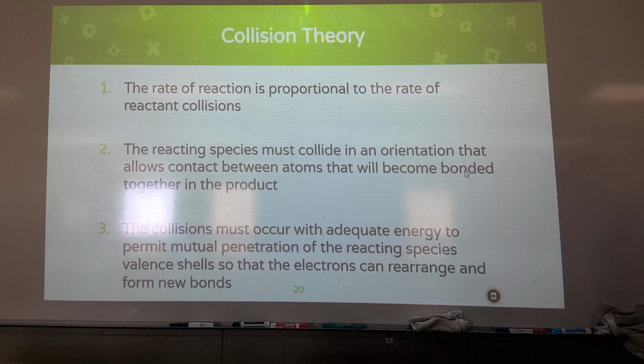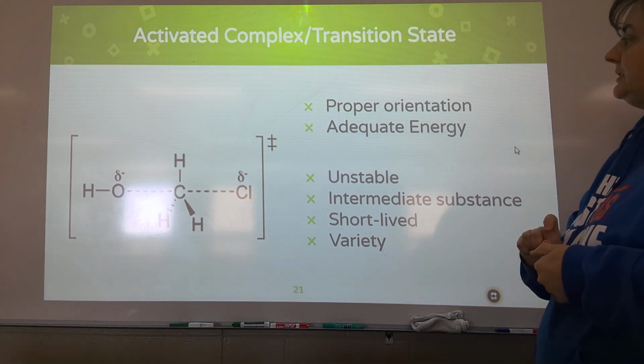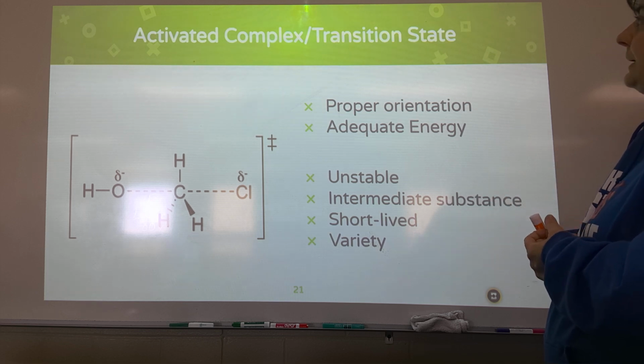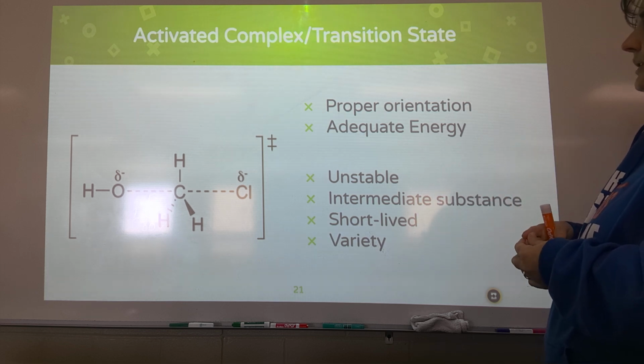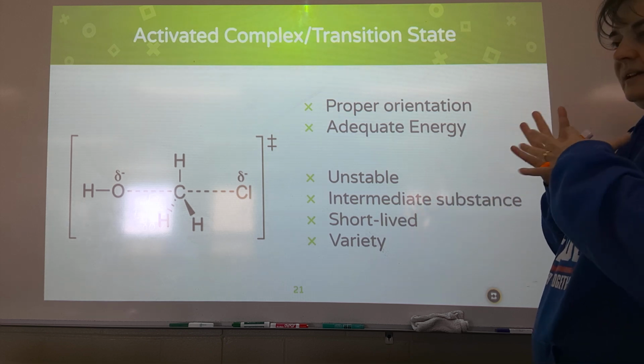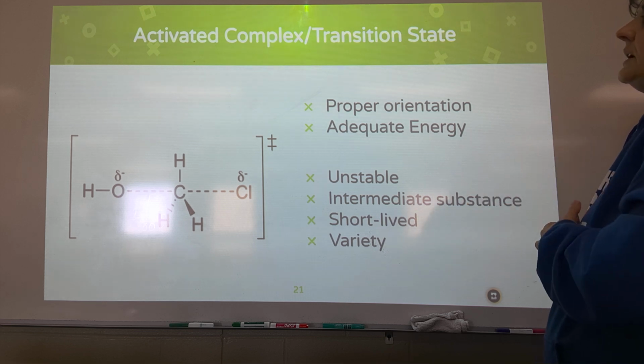That is collision theory. During this collision between these particles, you end up with an activated complex, or something called a transition state. It just depends on the text that you're reading or interacting with what it's called.